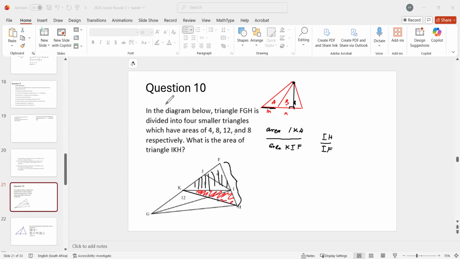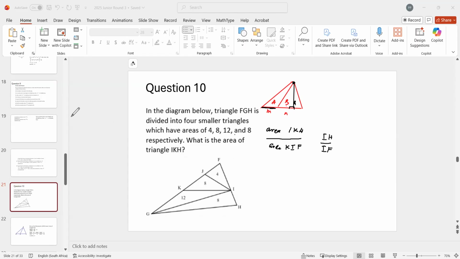Okay, I'm going to remove all these colors here now. Remember, we want to work out KIH. I've got it here. So let's just remove this to see what we are doing here. Like KIF is 12.